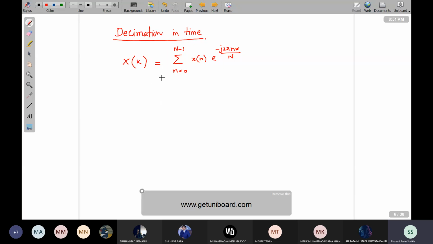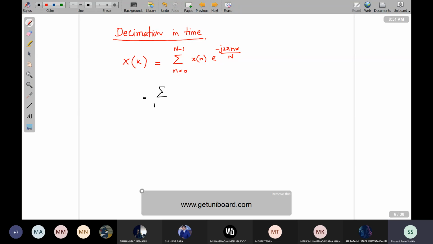Now we break it into even and odd samples. Suppose x of n was some N length sequence. Now we will be breaking this x of n because it's a decimation in time. So we will be breaking it into even and odd terms.